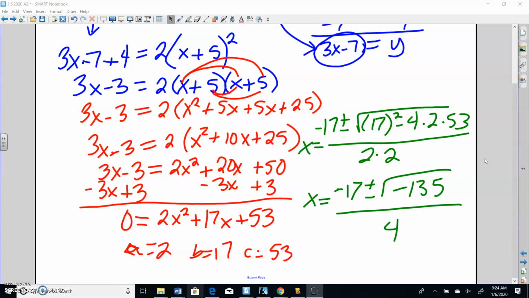So that would be an example where, if this is a parabola and a line, they will never intersect. So our answer is the empty set, no solution, they don't intersect. There's no point of intersection of those two equations in the system. Okay, let's do another one.